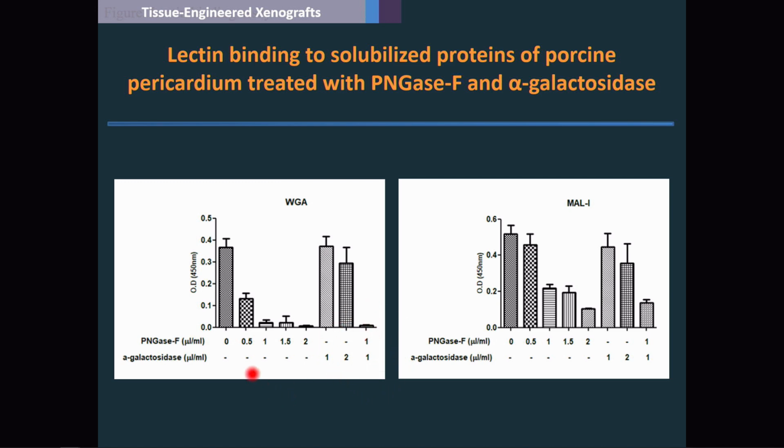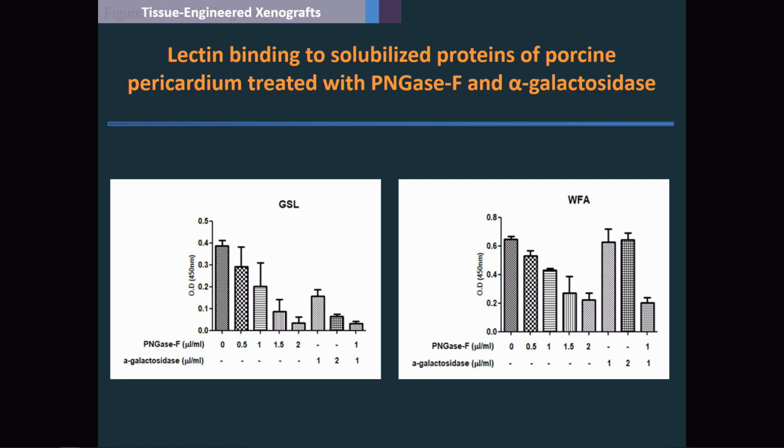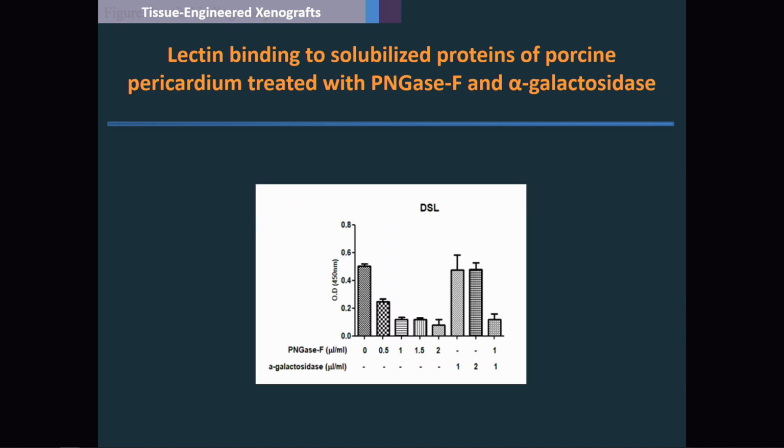And the PNGF efficacy was much better, and when PNGF and alpha-galactosidase were treated together, the lectin binding was significantly decreased. WJ, MAL, ECA, ICA, GSL, WFA, DSL, the same thing.